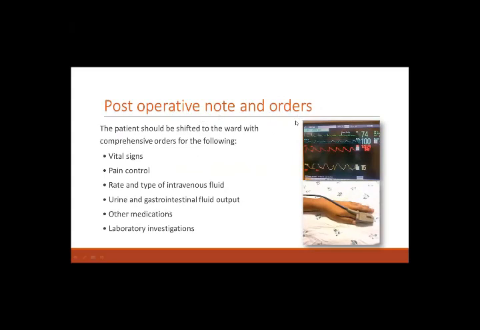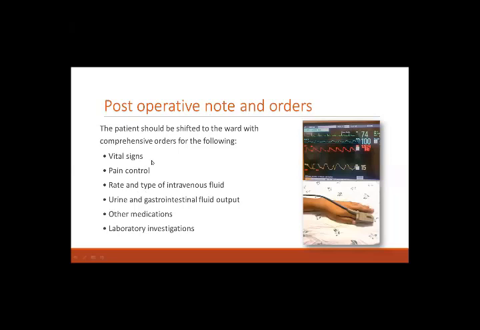Postoperative orders and notes are the first step of postoperative care. It starts in the operating room. When the surgery finishes, the surgeon or the assistant writes down operation notes and also adds postoperative care notes. These include instructions regarding the monitoring of vital signs, pain control, and the rate and type of IV fluid.